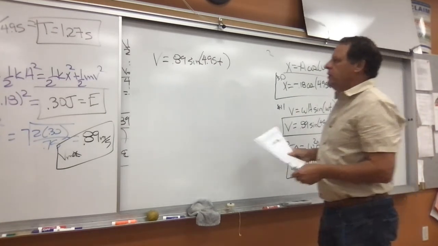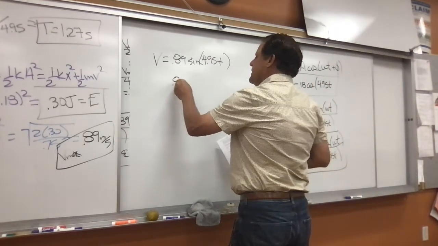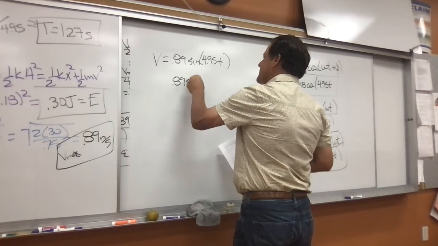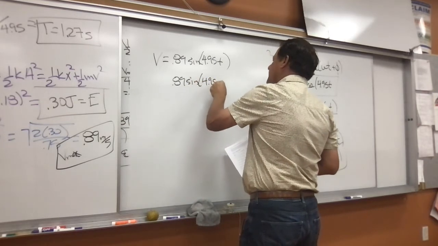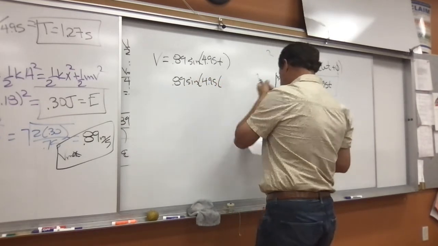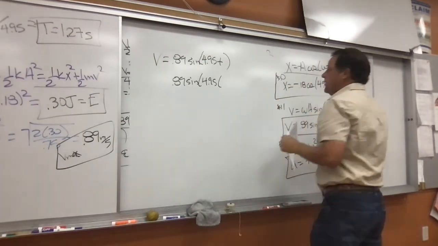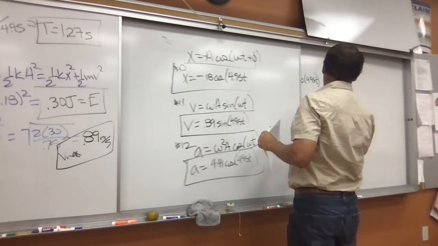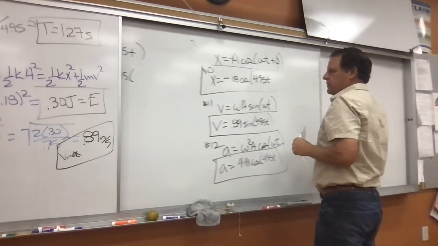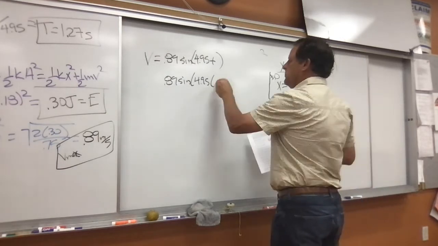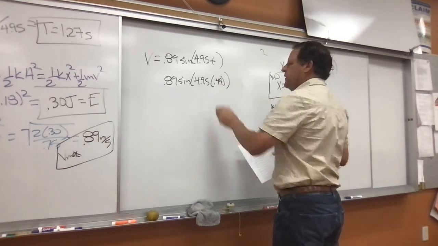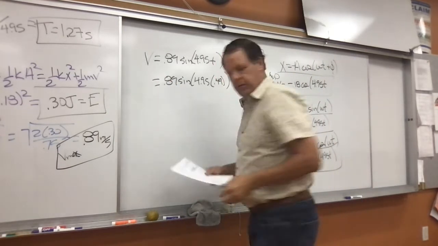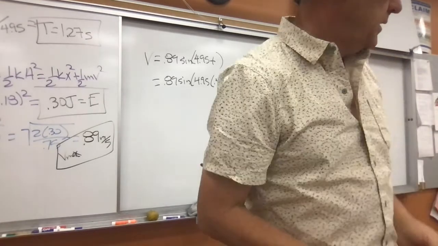All right. So now we're going to have 0.89 times the sine of 4.95 times 0.49 seconds, and that is going to be our velocity.